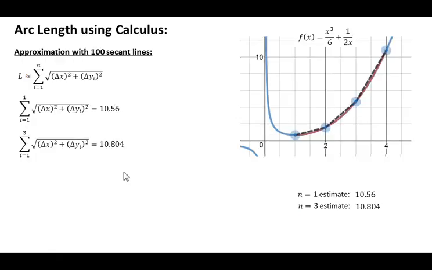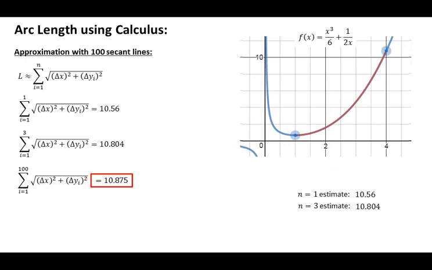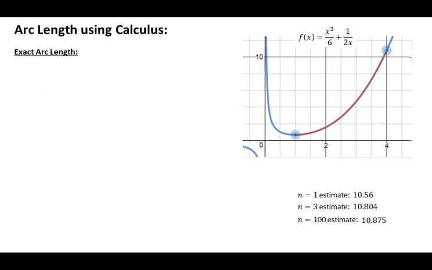So we can imagine that that's going to be a bit more accurate of a value here, 10.875. So this, based on our summation in Desmos, is going to be our n equals 100 estimate, which we have a bit more faith in at this point. And that's our estimate. So now we can actually move on to finding the exact arc length.